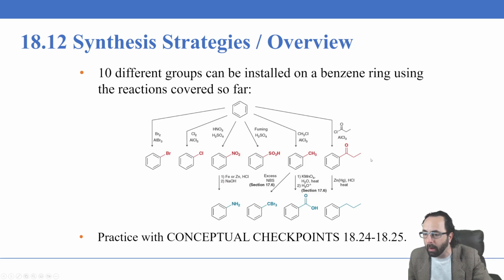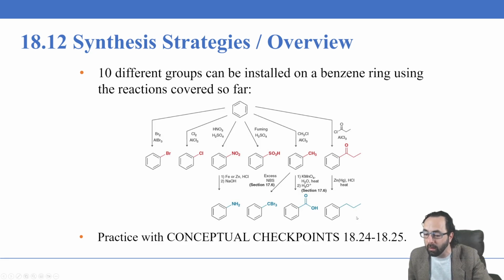We also talked about how we can reduce the acyl benzene here by the use of a zinc-mercury amalgam in an acidic environment with heat, and this completely reduces the carbonyl so that it no longer exists and is replaced with 2 hydrogen atoms.